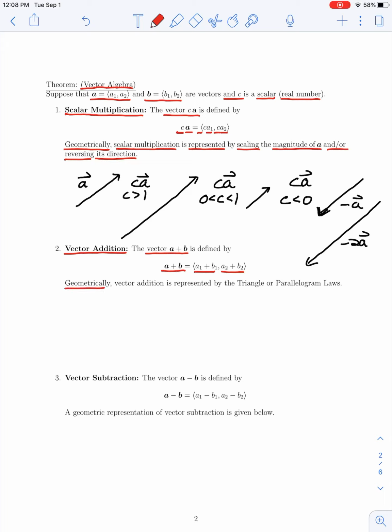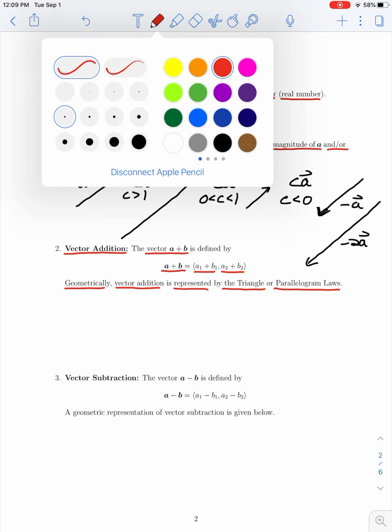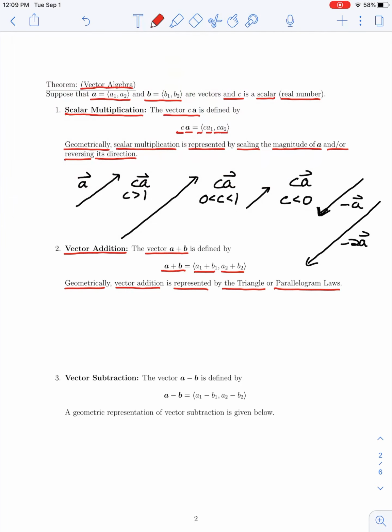Now geometrically, how can we define vector addition, or how can we represent vector addition? Well, it's represented by using either the triangle or the parallelogram laws. So let's suppose that we have two vectors whose representations are given.